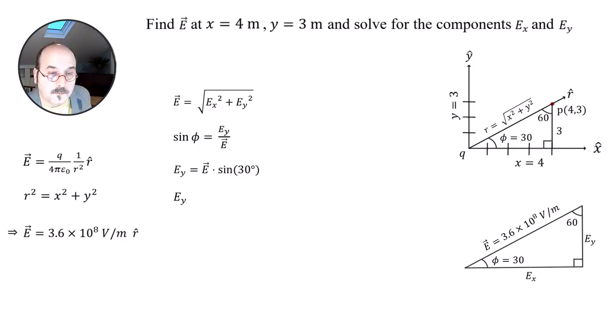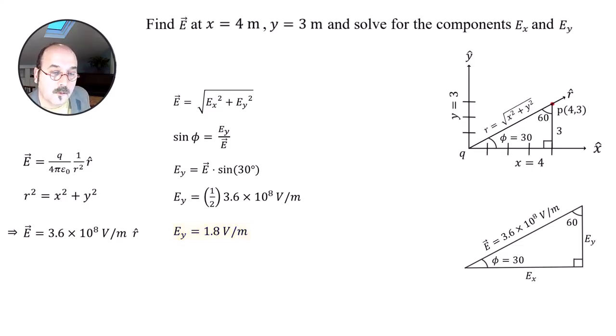So that would be 1/2 times the value of E, 3.6 times 10 to the 8. And that's going to equal half of 3.6, which is 1.8 times 10 to the 8 volts per meter. So there's one component, EY.